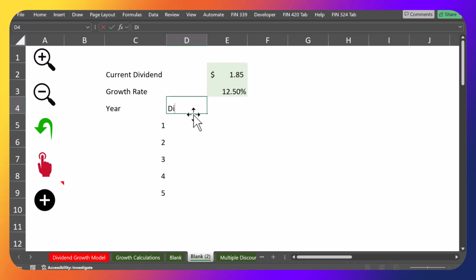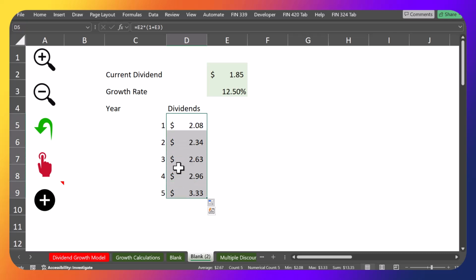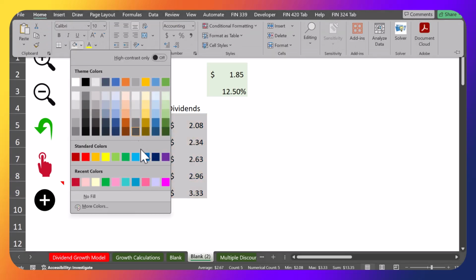And dividends are current dividend times 1 plus first stage growth rate. Last dividend times 1 plus last stage growth rate. Make sure, let's fix it. Okay, we know our dividends now. I'm going to make that rose colored.